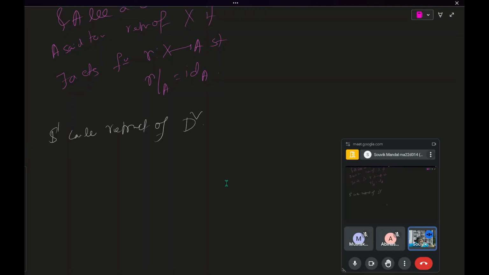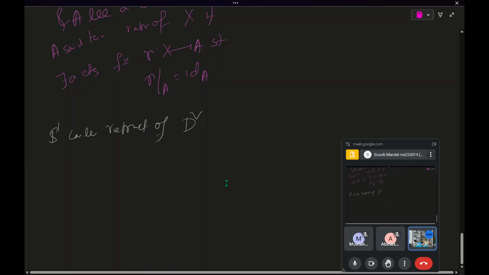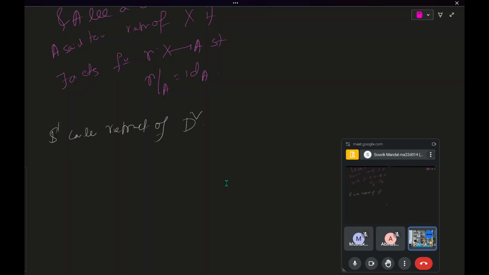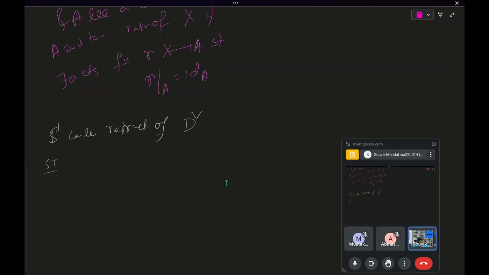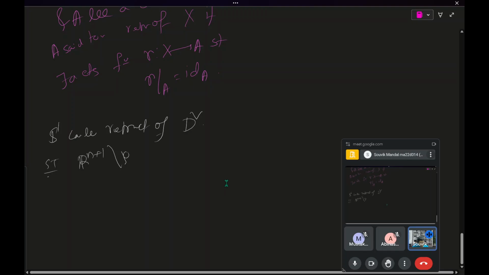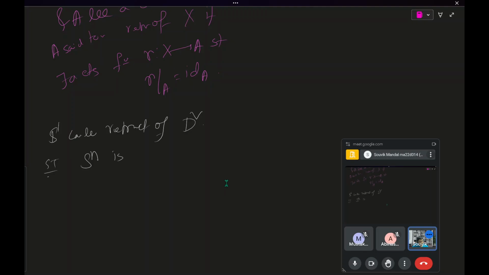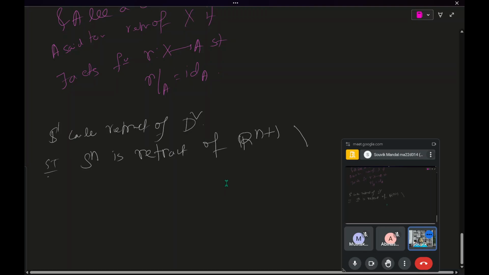But whenever you need to show something is a retract, then you need to construct a function from that space to A such that it is the identity on A. So show that S^n is a retract of R^(n+1) minus zero. This is what we need to show.